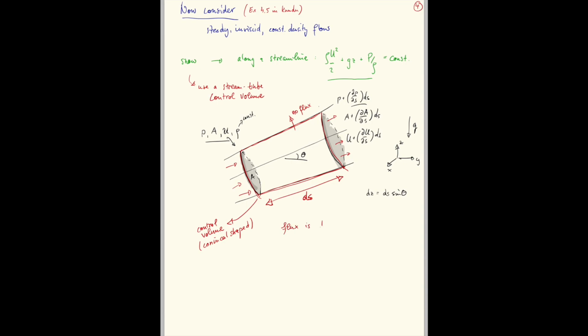And flux is perpendicular to the surfaces, which we will write as NdA, and no flux perpendicular to the sides. So the flux down here, U dot NdA, is simply minus U dA on the inlet.